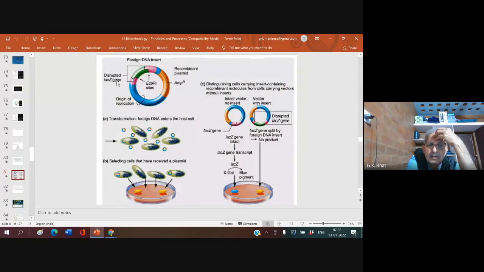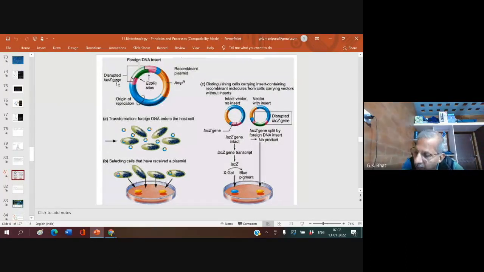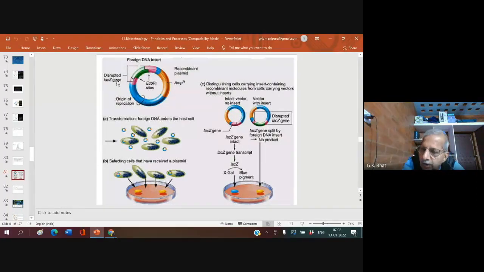Anyone? Hello? Have you heard about the gene lac Z before? Yes, structural gene. Who is that? Rakesh. In what context did you hear it? Molecular biology. No, lac operon.